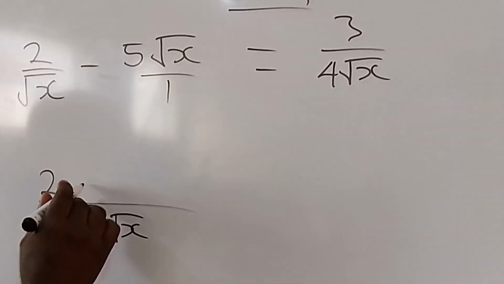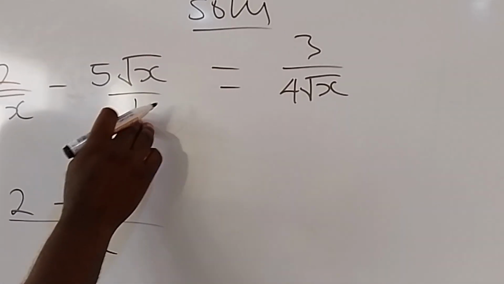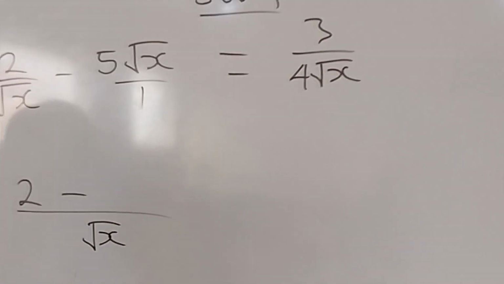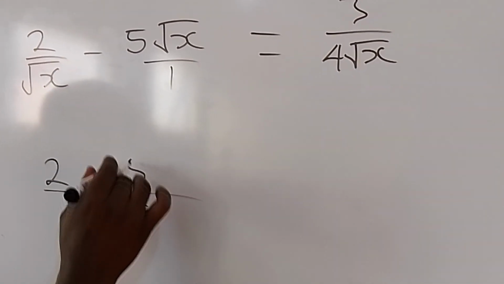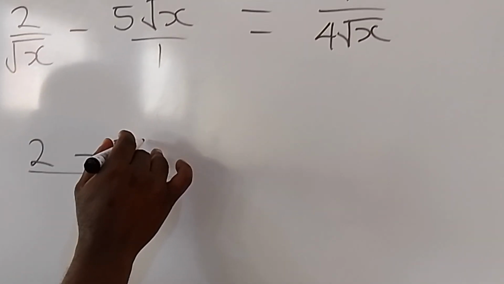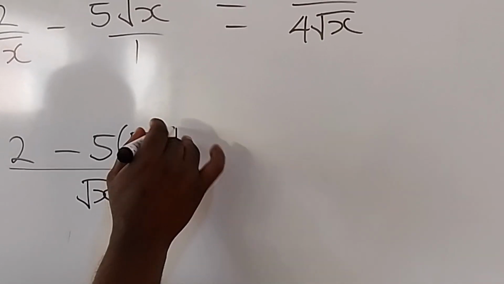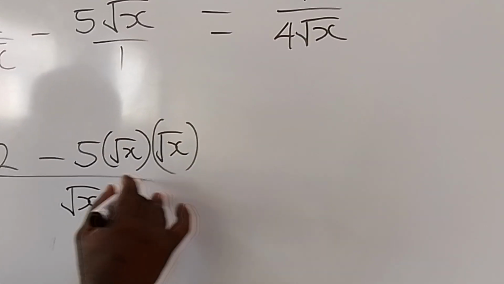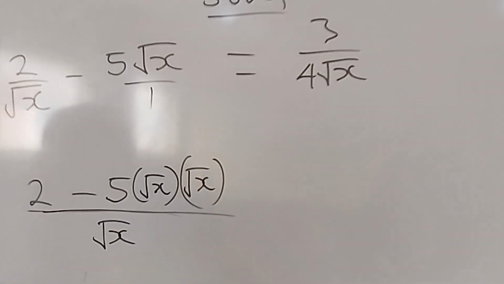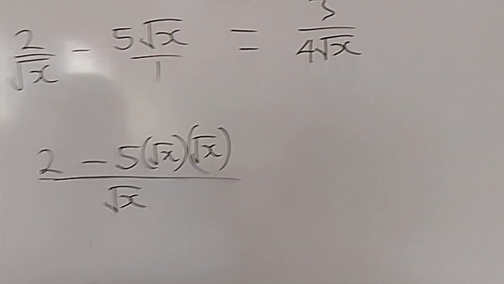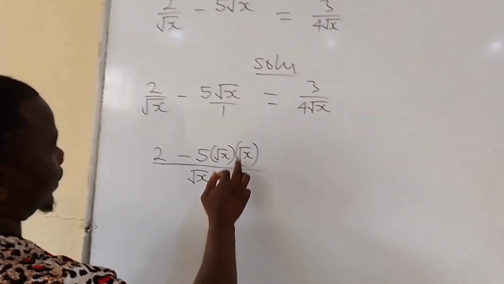Then what do we have here? Minus: square root of x divided by 1 is square root of x. Then use it to multiply 5 times square root of x, times square root of x again, true or false? I know some of you asked why we are having square root of x times square root of x.